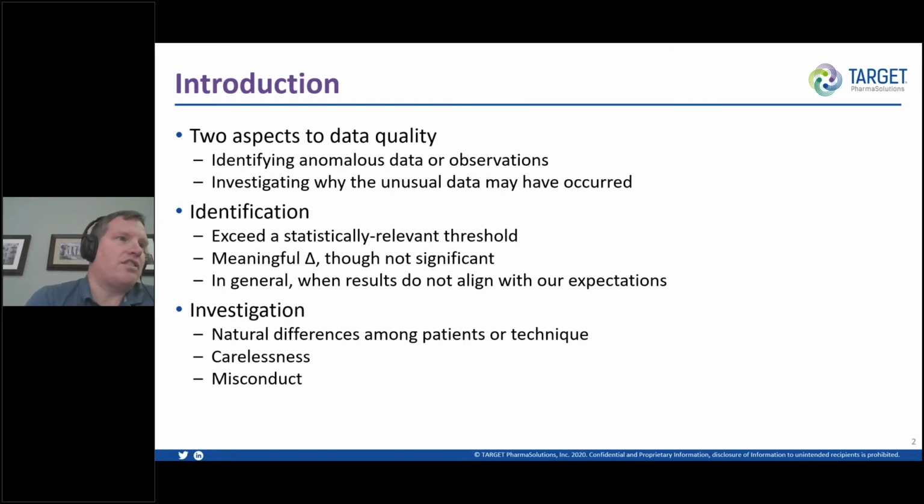And of course, when we look to explain or understand these differences, some of this may be due to natural differences among patients or techniques that are applied within individual sites, and there's certainly methods to try to adjust for that or account for site-to-site variability and how certain techniques are applied.